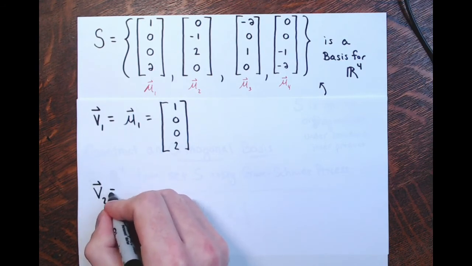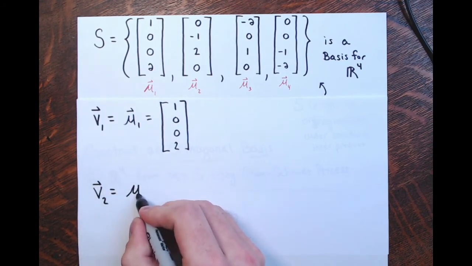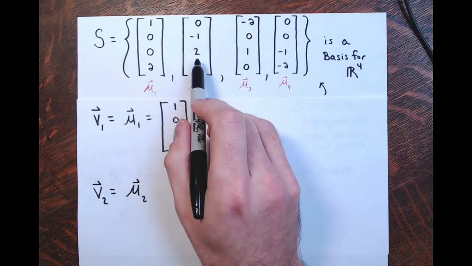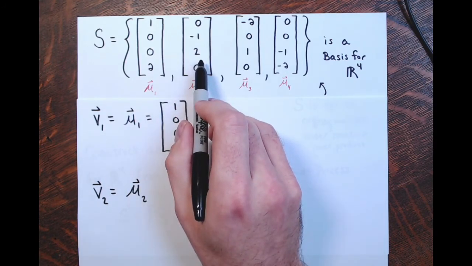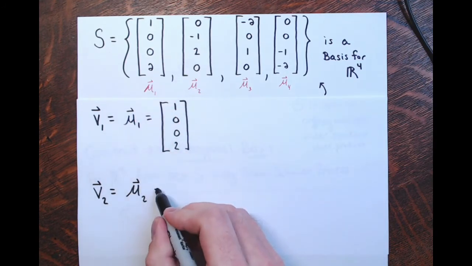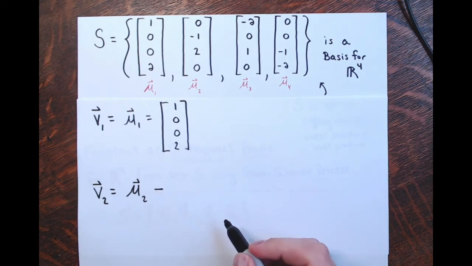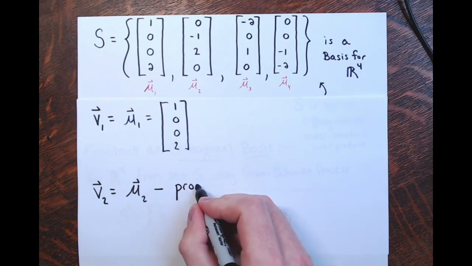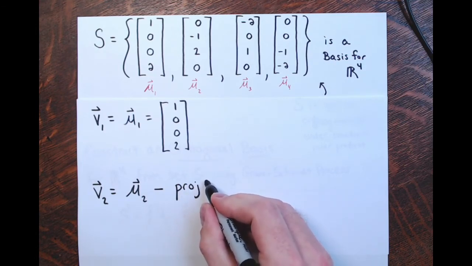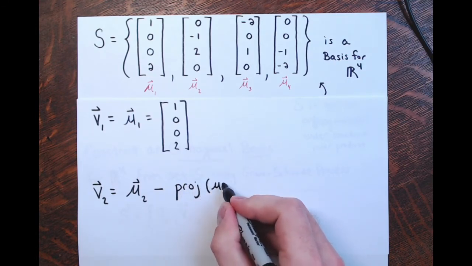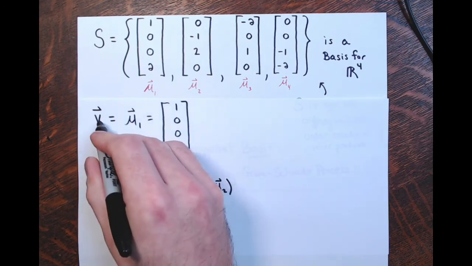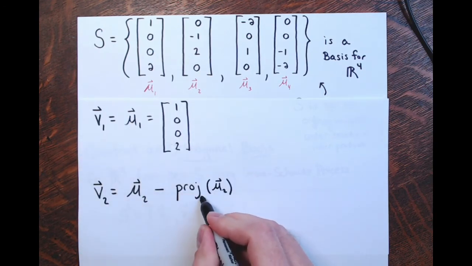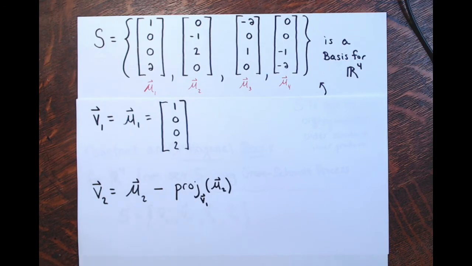V2 is going to be U2, the second vector from the original basis, minus, now I like writing this out, the vector projection, remember this projection symbol, the projection of U2 onto the first vector V1, the first vector in this new set I created.